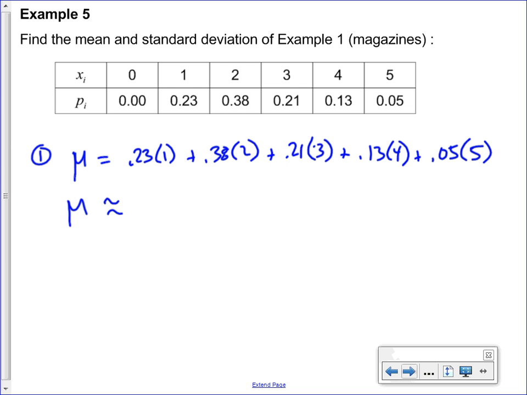That's what I got. So save that, because we're going to need it in the formula.